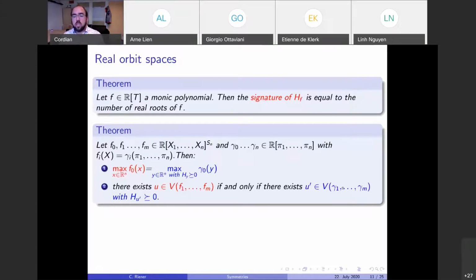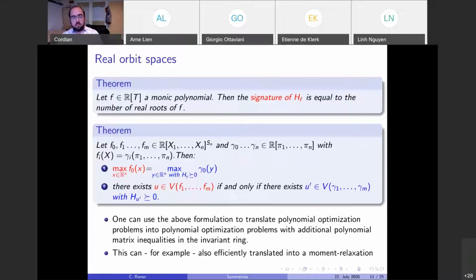But in order for this to come from a point u, I need to additionally make sure that this matrix is positive semi-definite. So the real orbit spaces are in general not varieties in the symmetric group case, but they are still defined by polynomial inequalities, because the condition that this matrix is positive semi-definite can be naturally expressed as polynomial inequalities.